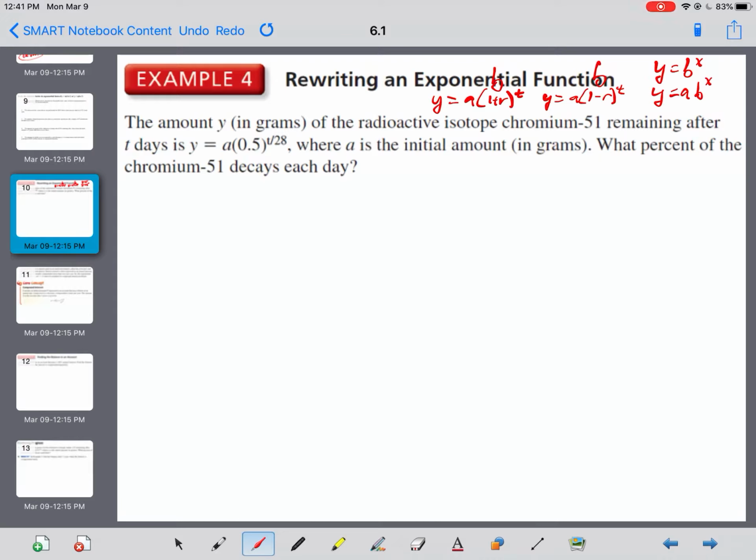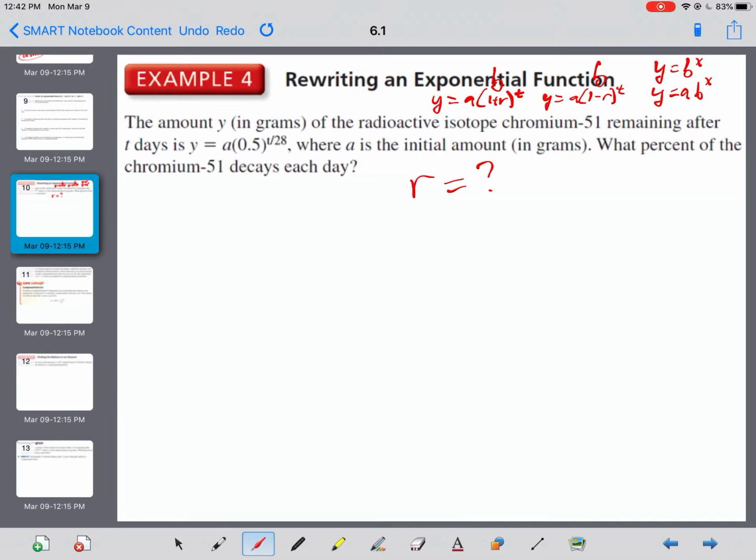The amount y in grams of the radioactive isotope chromium-51 remaining after t days is y equals a times 0.5 to the t divided by 28, where a is the initial amount in grams. What percent of the chromium-51 decays each day? So we need to find r.